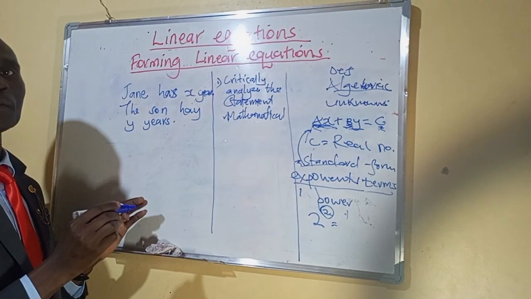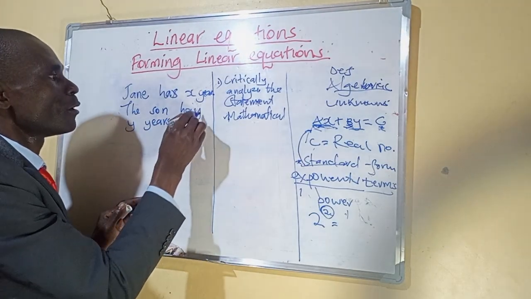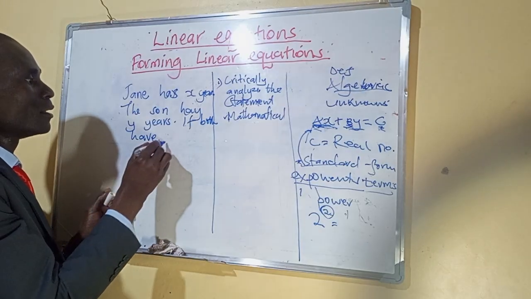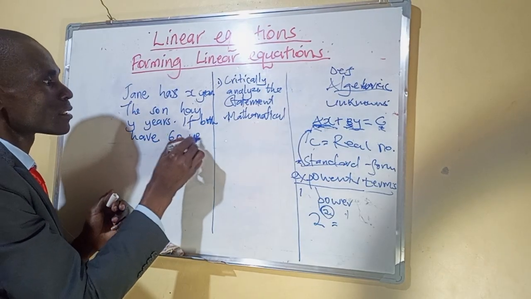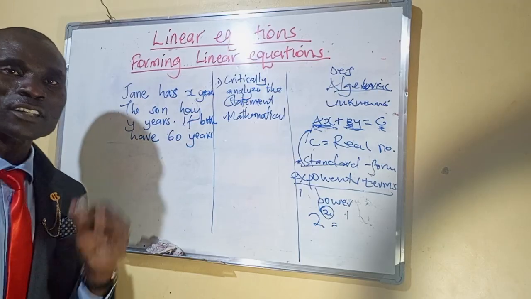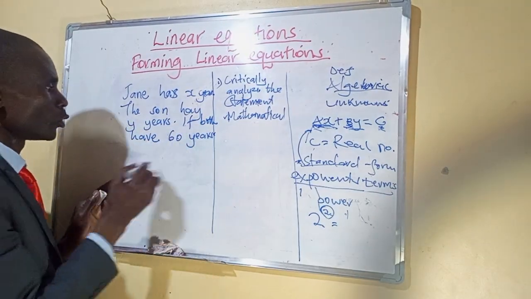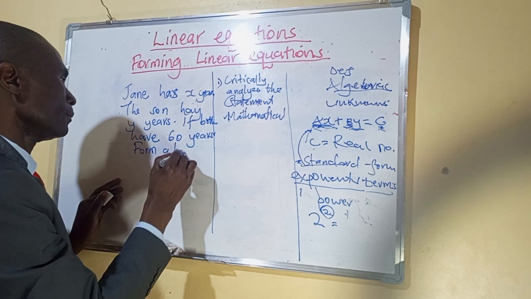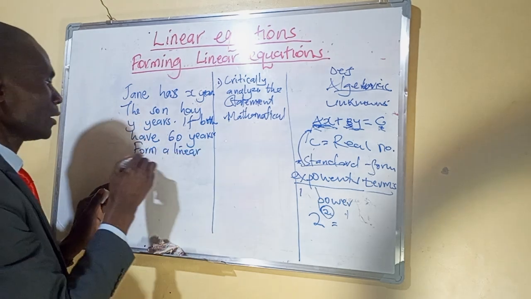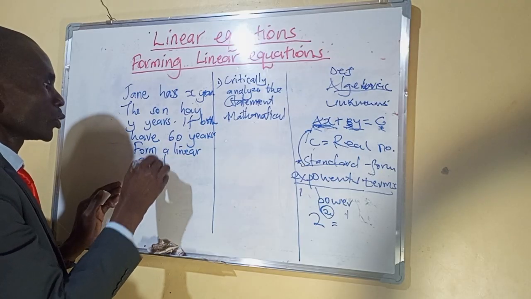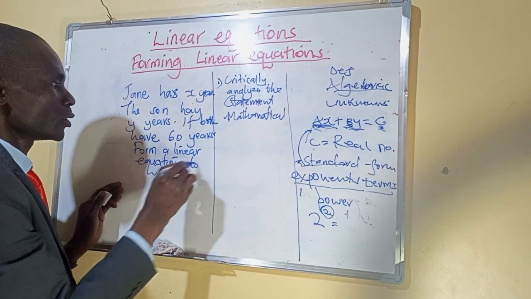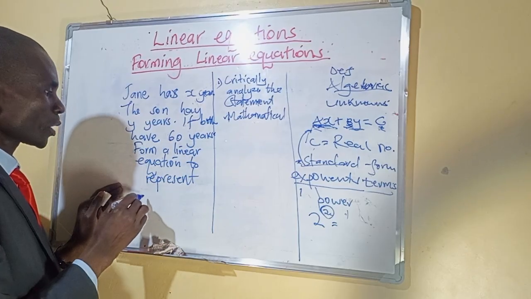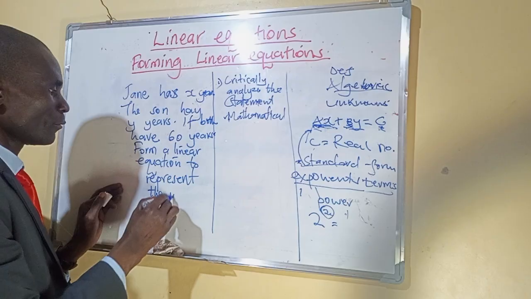Now, if both of them have 60 years, you'll be told to form a linear equation to represent the information.